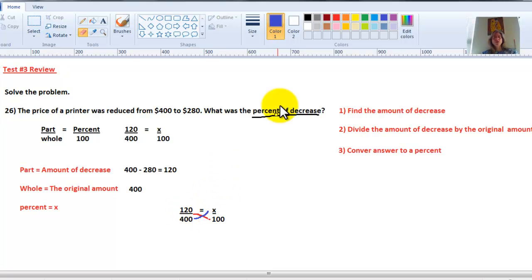So 120 times 100 set equal to 400x. 120 times 100 equals 400x. And so what we can do is divide each side by 400.